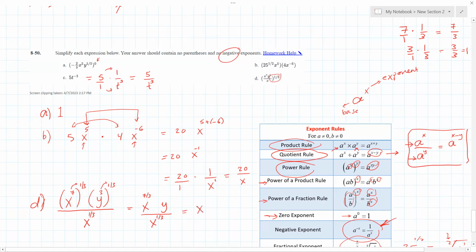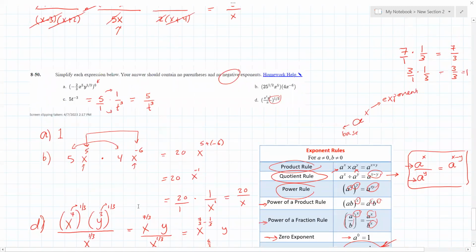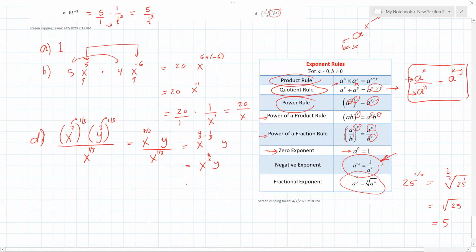So it will be x to the 7/3 minus 1/3, and still we have y here. We subtract, so it will be x to the 6/3 y, and this will be x squared y.